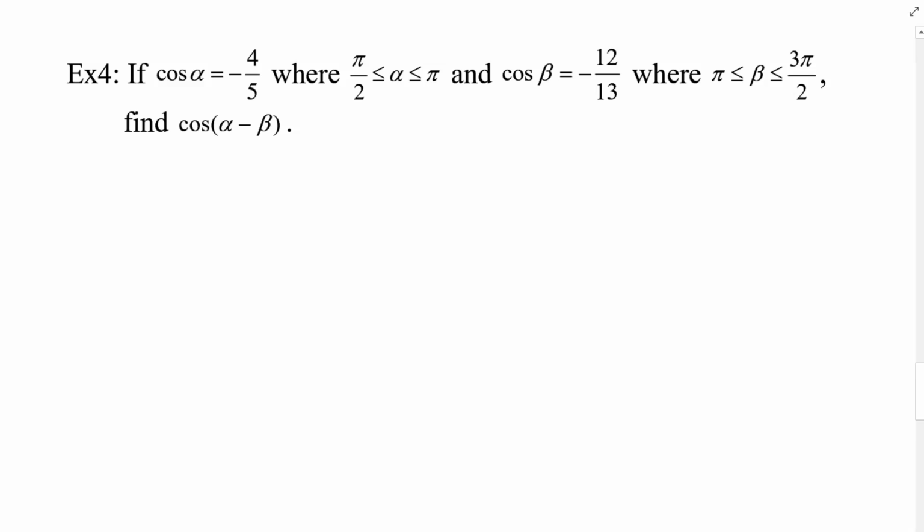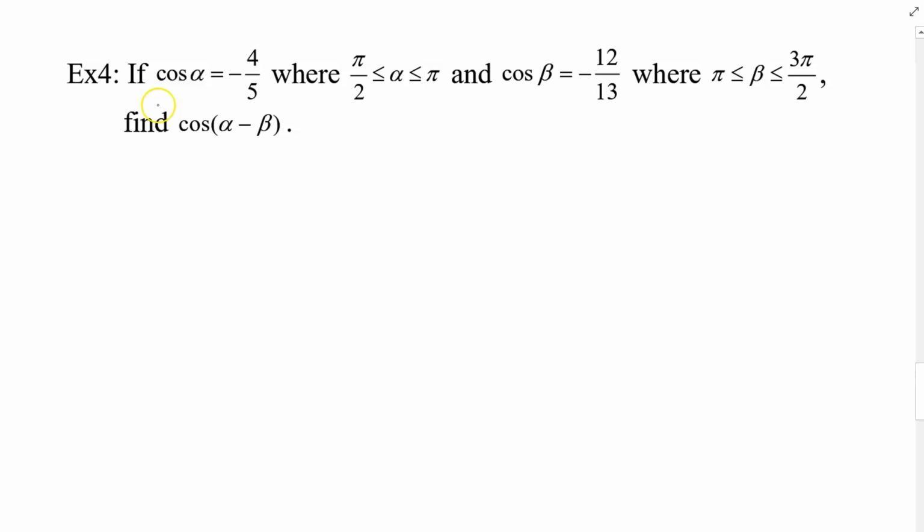All right, let's take a look at example number 4. I can guarantee you 100% that you're going to find a question very similar to this, with numbers different, obviously, on a mastery check and a test, and on every single provincial exam that I've seen, there's been a question like this. So this is a really good one to pay attention to.